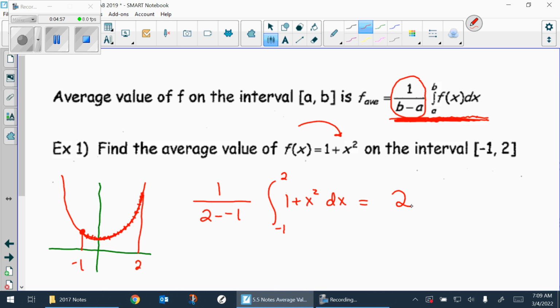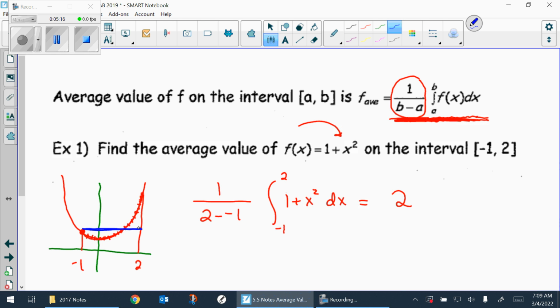So what that means is that this value of y equals 2 is the average value of the function.